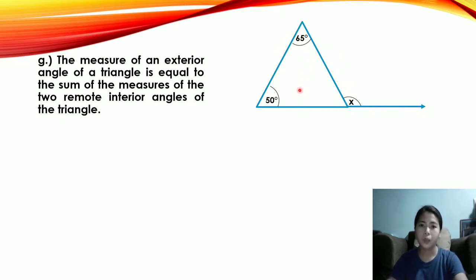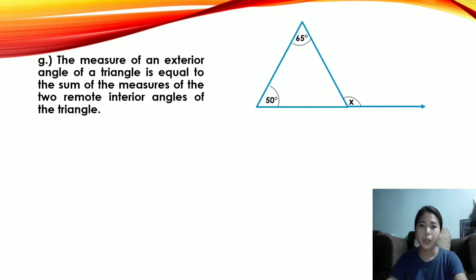And we have the two remote interior angles, which will be our given. So let's say this angle is 50 degrees and the other angle measures 65 degrees. So let's find out the measure of the exterior angle. So let's say this is x, the exterior angle.